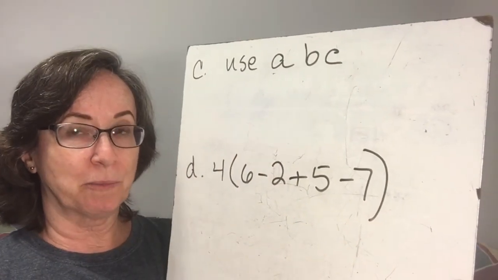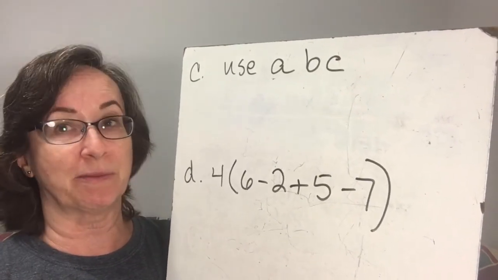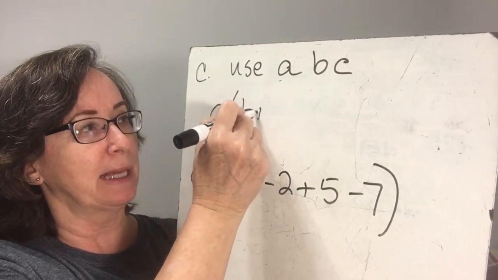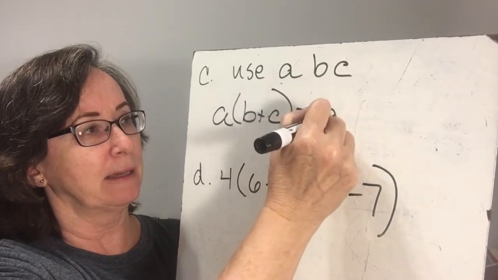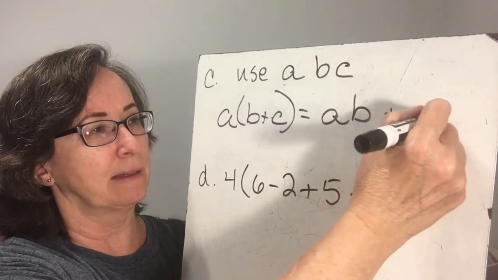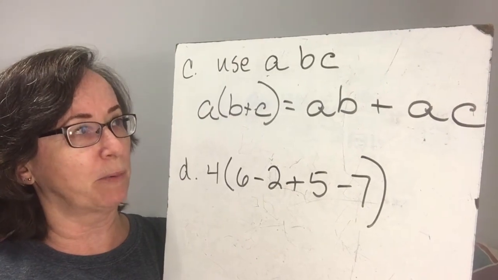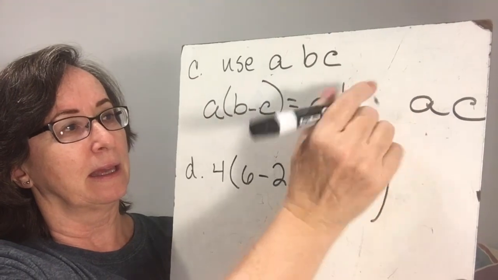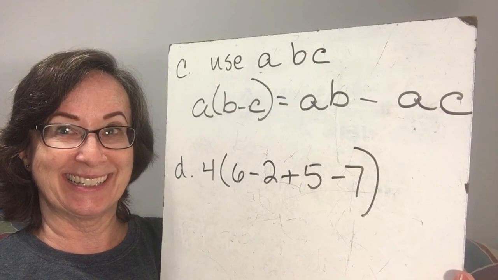C in your practice problems was to use A, B, and C to demonstrate the distributive property. Well, we're going to have A times B plus C is A times B plus A times C. Okay, so I'm demonstrating the distributive property. Would it matter if I made that a minus and that a minus? It's still the distributive property, isn't it?